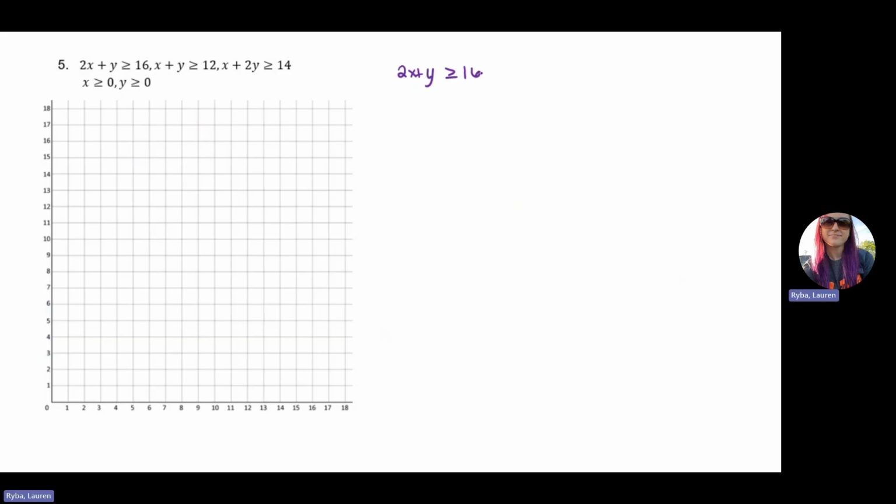So other way to work on these, remember, is that you can do the intercepts. So 2 times 8 would give me 16, which means I'm going to cross the x-axis at 8. And if I get rid of the x, that's y is 16, so I know it's going to be over here.